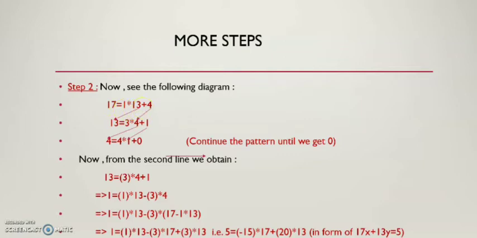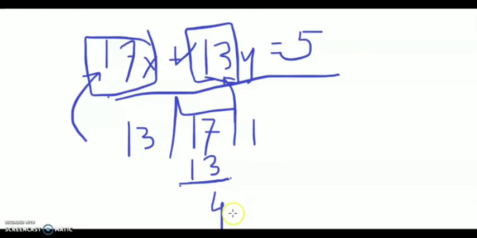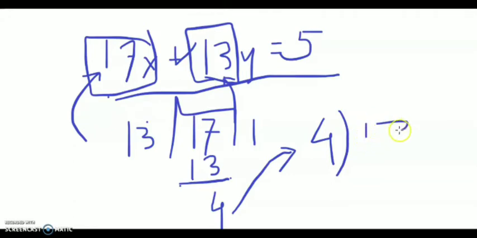Now in the next step, in the division, the divisor is 13, the dividend is 17, the quotient is 1, and the remainder is 4. After that, we will make this remainder the divisor, and this divisor the dividend.